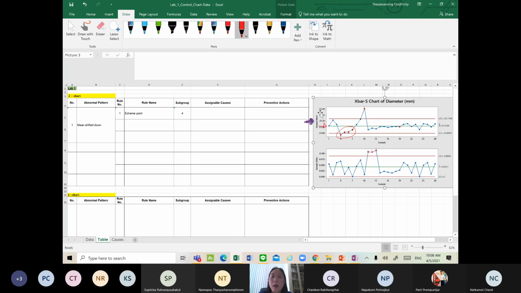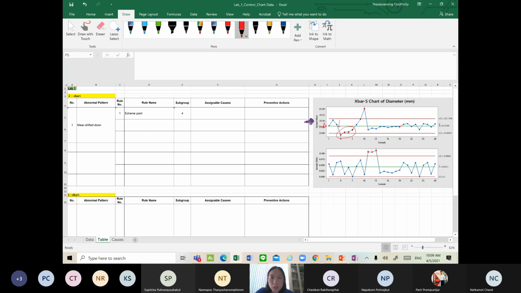But if an inexperienced worker comes into the process and detects that these 3 points are pretty high, above the center line, what she is trying to do is reduce the diameter down.